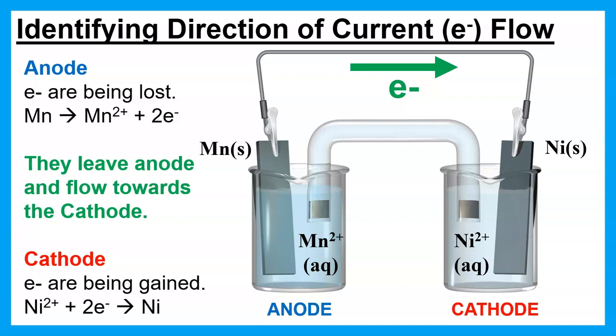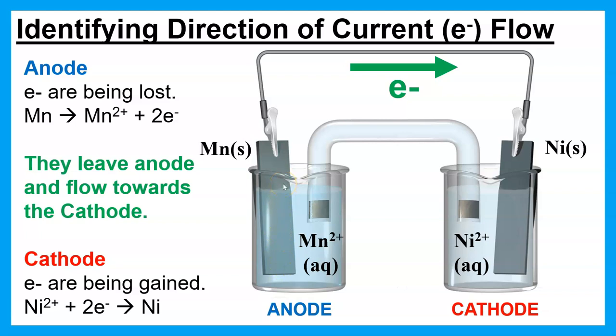Now, as this is running, this strip of neutral metal is losing electrons, turning into aqueous ions, and it comes off and starts floating around in the beaker. That means the size of your anode starts to get smaller. It's literally going to start to disappear.